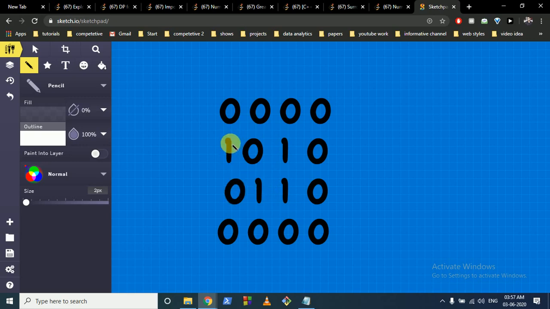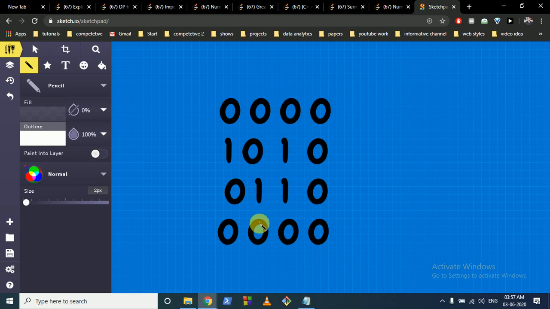But if you are on this block, you can move out of this grid. Let's assume you are on an island. This is water, and if you are on this island, you can move out of the grid. But if you are on this island, you cannot move out of this grid because everywhere is surrounded by water.